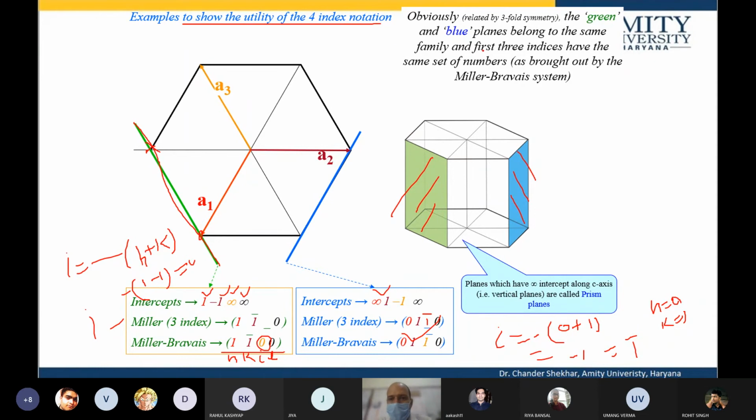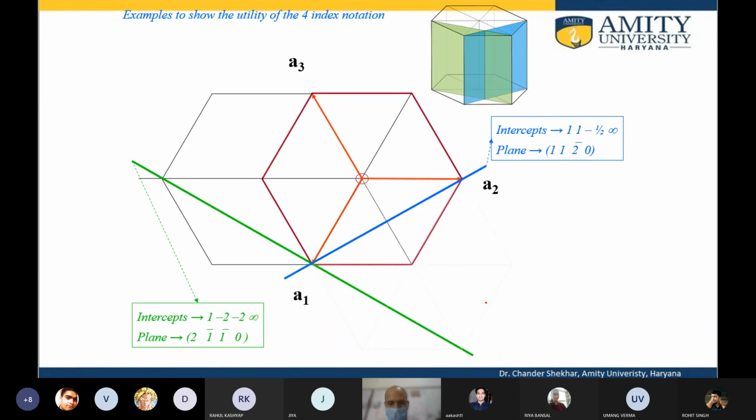Okay, so these green and blue planes belong to the same family. There could be multiple planes, for example this green one or the blue one. So this belongs to the green plane, and this belongs to the blue plane, and the intercepts are taken and then the Miller-Bravais indices are determined.